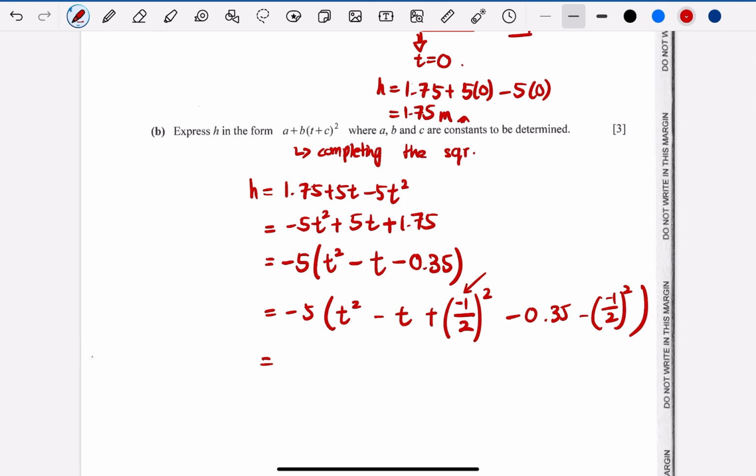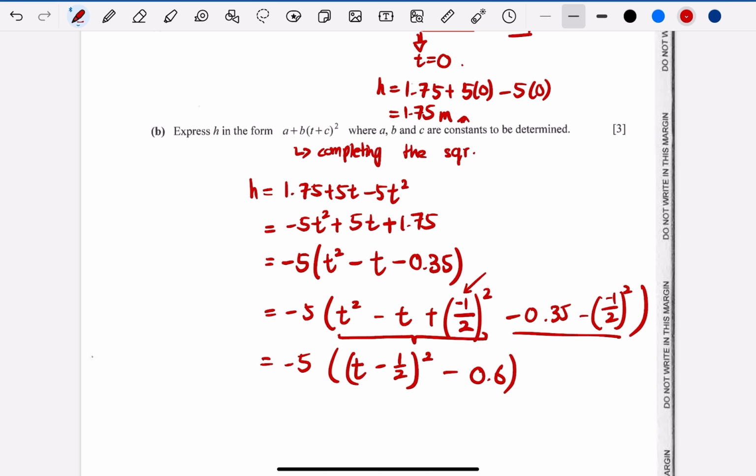Afterwards, when we complete the square, this thing factorizes to give us t minus half squared. This thing simplifies, and you will get minus 0.6, close bracket.